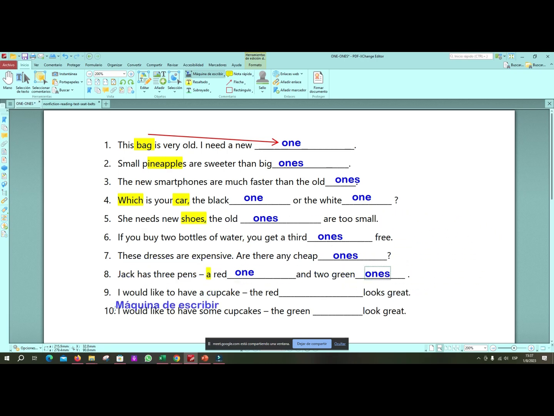I would like to have a cupcake. The red one. That would be one. You're talking about the cupcake in that case. Let's see the last one. I would like to have some cupcakes. Oh, this is different. So, the green ones. Because you're talking about what? Cupcakes. Yes, cupcakes. That is plural, right?